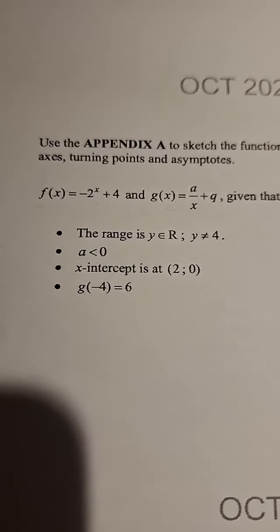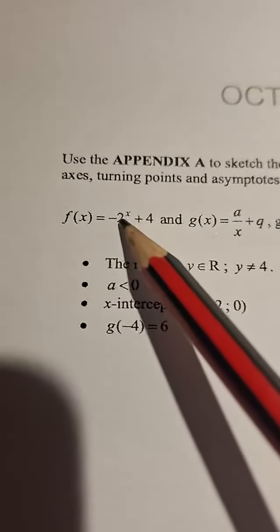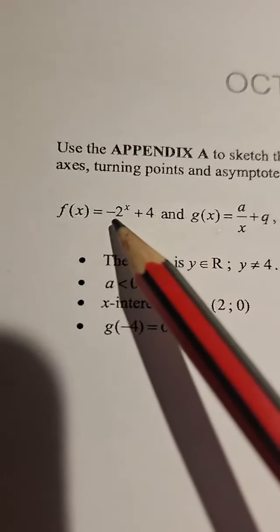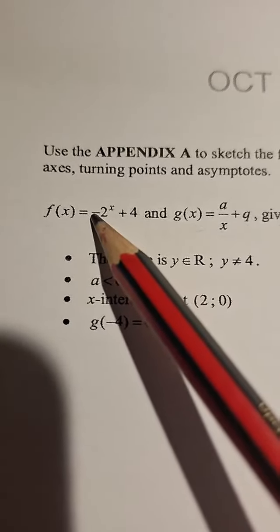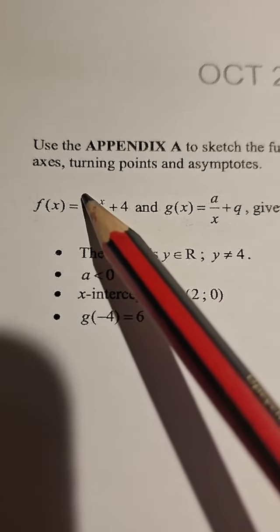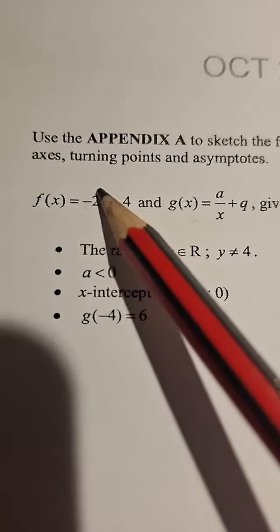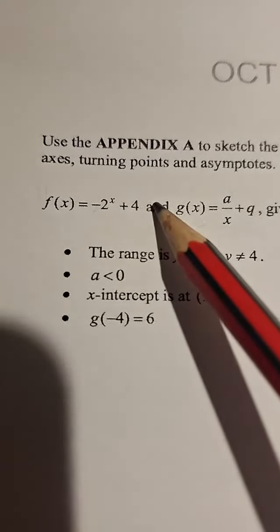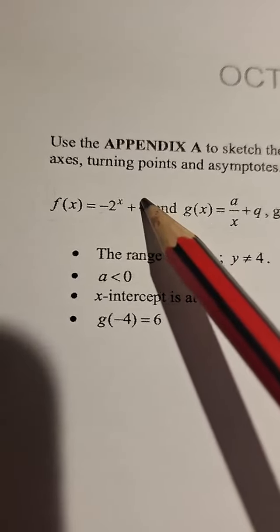Now I'm hoping that all of you know that when you have a form of the function like this, then of course there are various parameters. This negative points to the parameter a, this 2 points to the parameter b, and then it's to the power x plus 4, and this parameter here points to q.